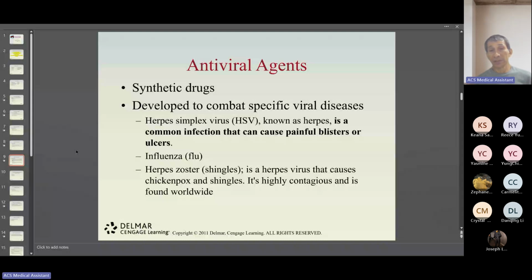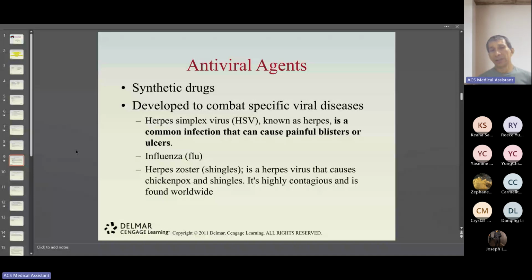So again, most of the time, people develop these after a certain age. So 50s, 60s, 70s, 80s, because the immune system has been compromised. But if you have other medical conditions like HIV, then you're going to develop herpes zoster very early in your life.